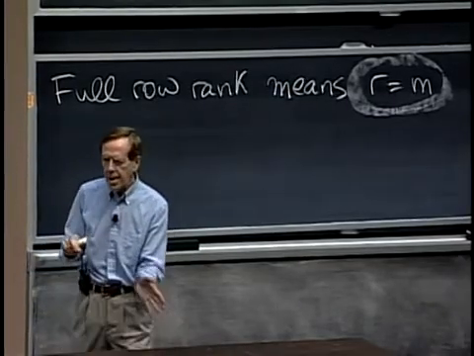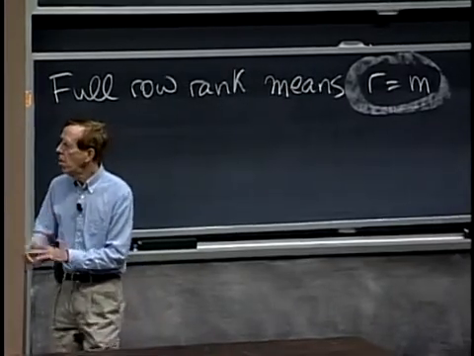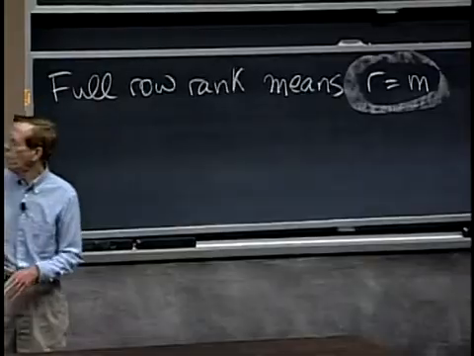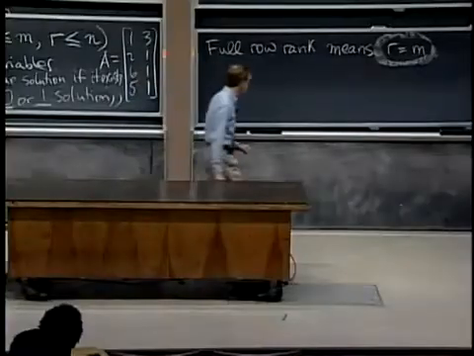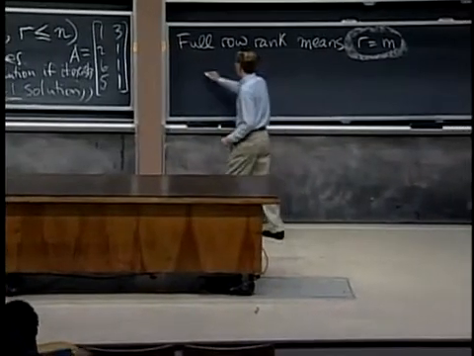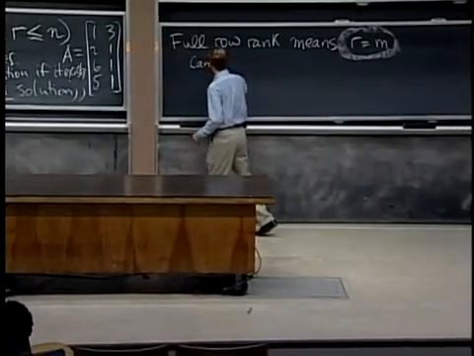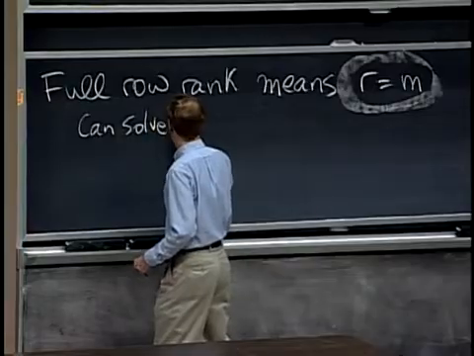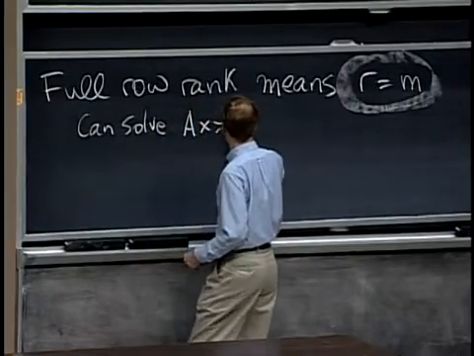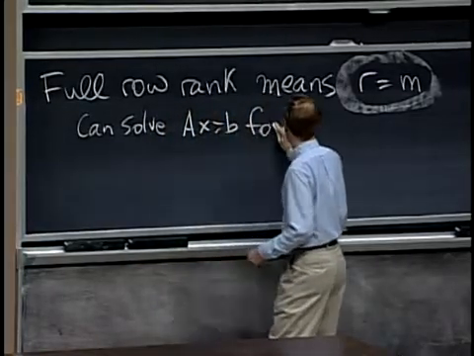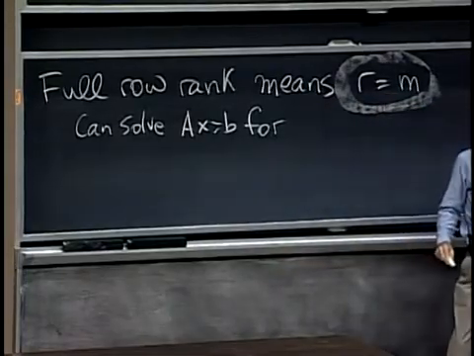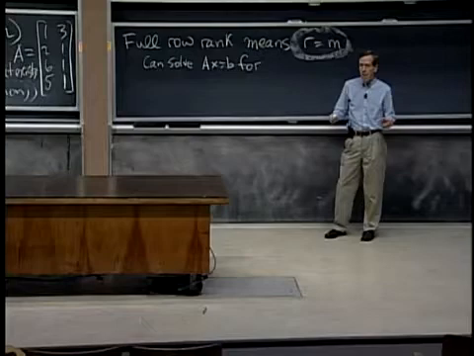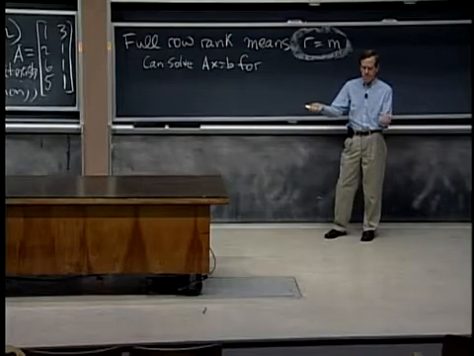Then what about solvability? What about this business of for which right-hand sides can I solve it? So that's my question. I can solve AX equal B for which right-hand sides? Do you see what's coming? I do elimination.